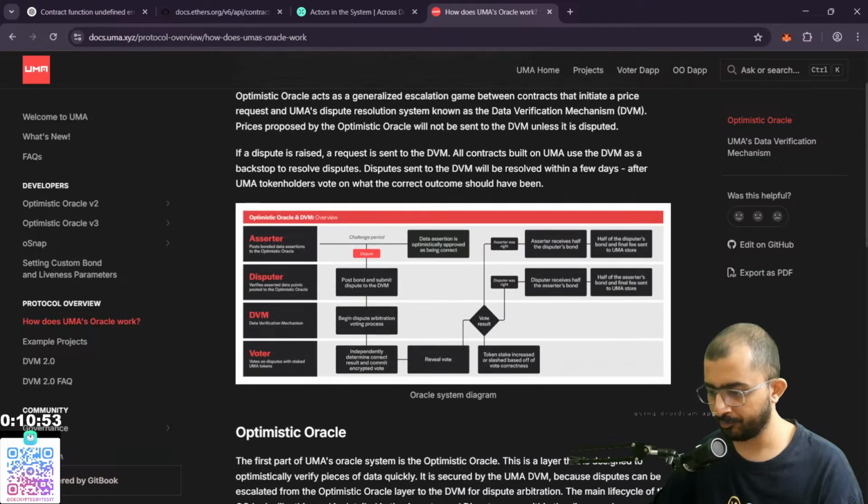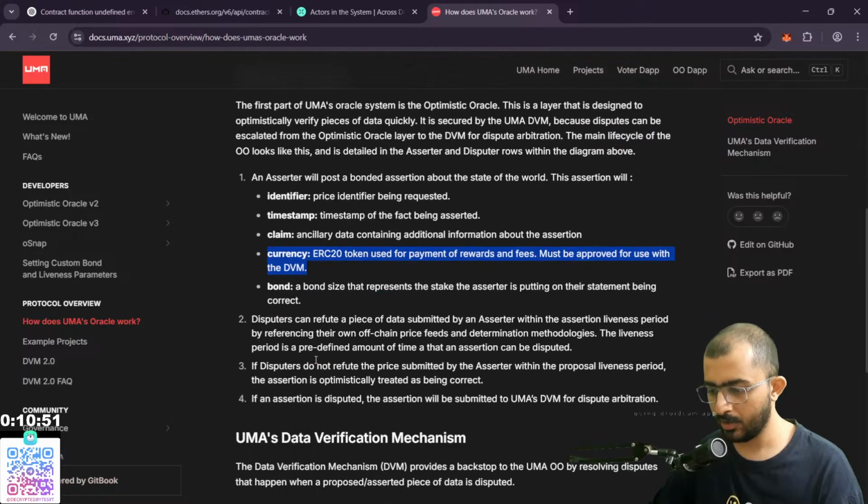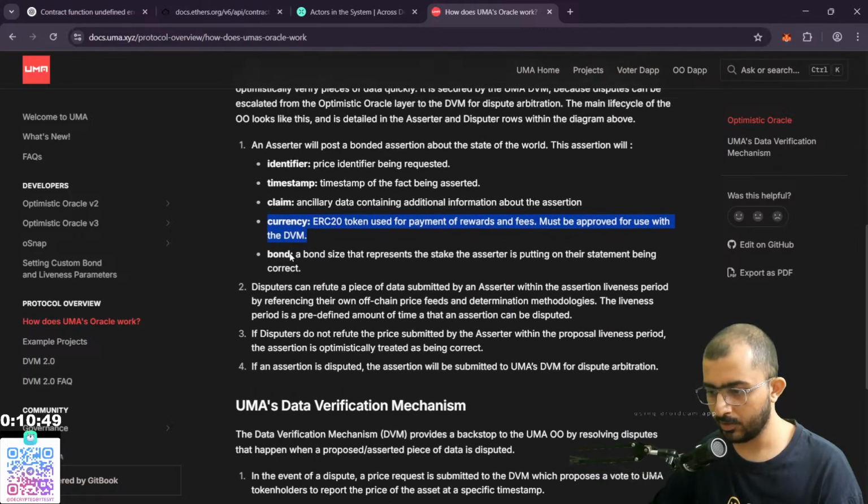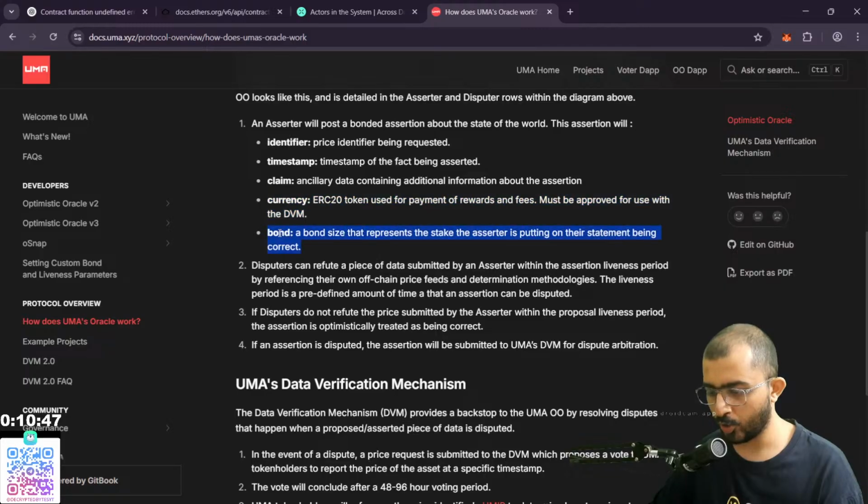Okay. Then the next part is the bond. Bond size represents the stake the asserter is putting on the statement being correct.